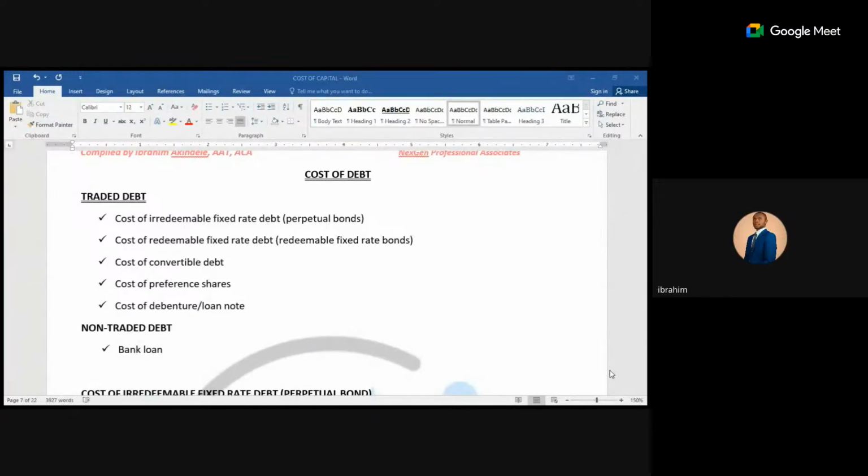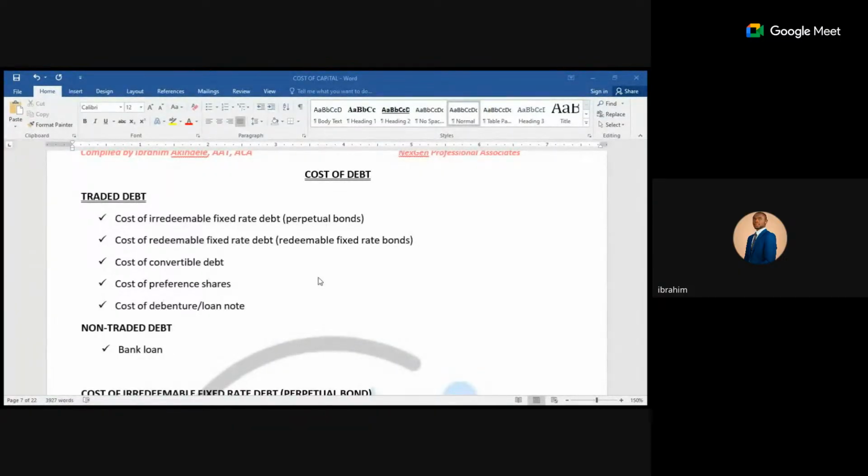So let me quickly introduce us to the cost of debt. Cost of debt is the cost to the firm. It is a return to the debt holder.